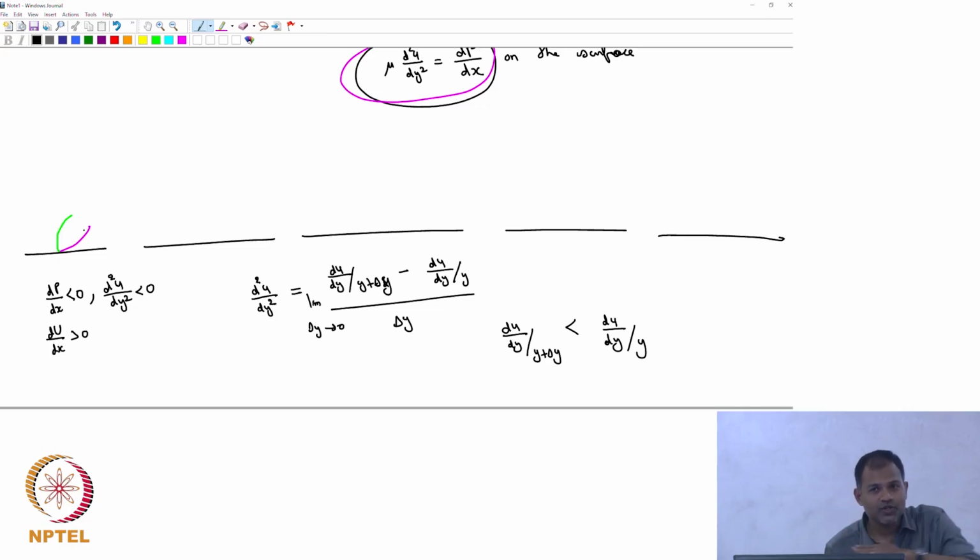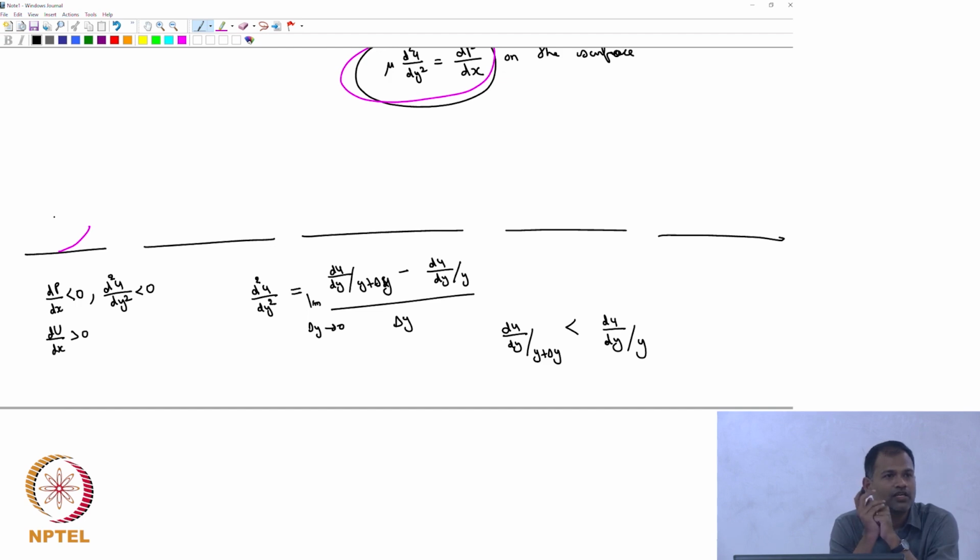Remember, u is on the x-axis, y is on the y-axis, okay? So when I say du by dy, you should really be looking at the slope like that, okay? So it's highest like this. So it's the magenta line that's going to be satisfying this situation, d square u by dy square less than 0, okay? So I can immediately say that therefore the green can't be, and it should be something like the magenta.